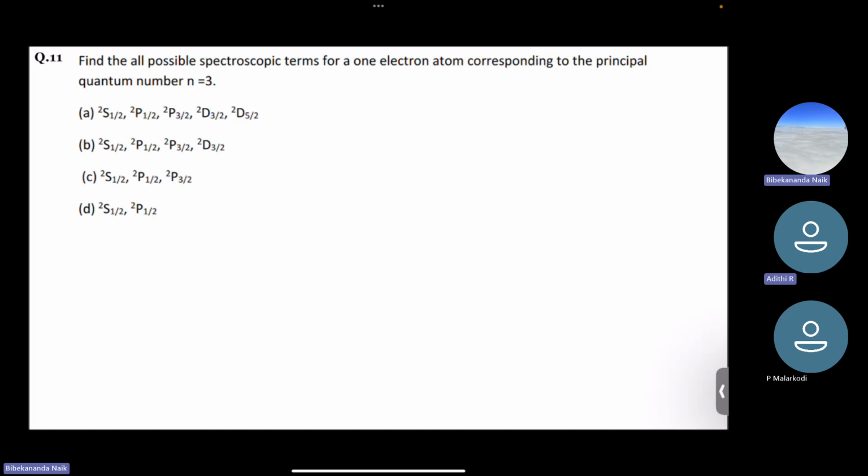Since S is equal to half, 2S plus 1 is equal to 2, so the multiplicity in each term will be 2. Corresponding to P, since L is equal to 1, J will be 1 plus half and 1 minus half. And for D, J will be 2 plus half and 2 minus half, and that gives 3 by 2 and 5 by 2 for D orbital.